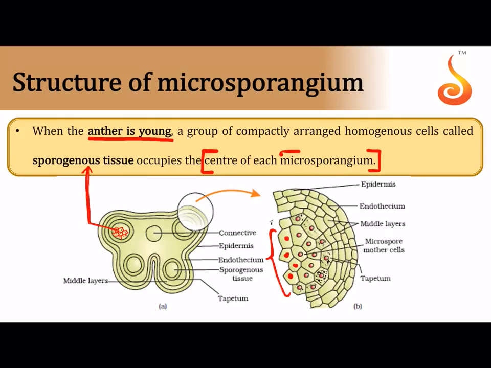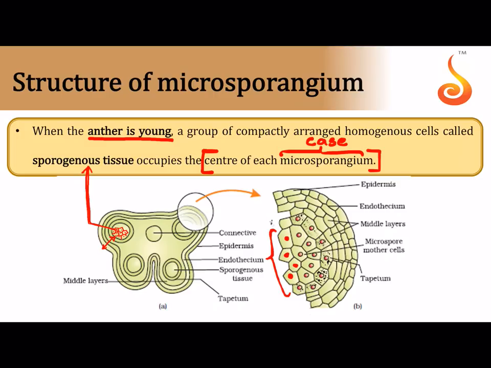Each microsporangium means each case or theca. By now you know a microsporangium has two things. It has a wall and it has a group of cells inside. The wall of the microsporangium has 4 layers.